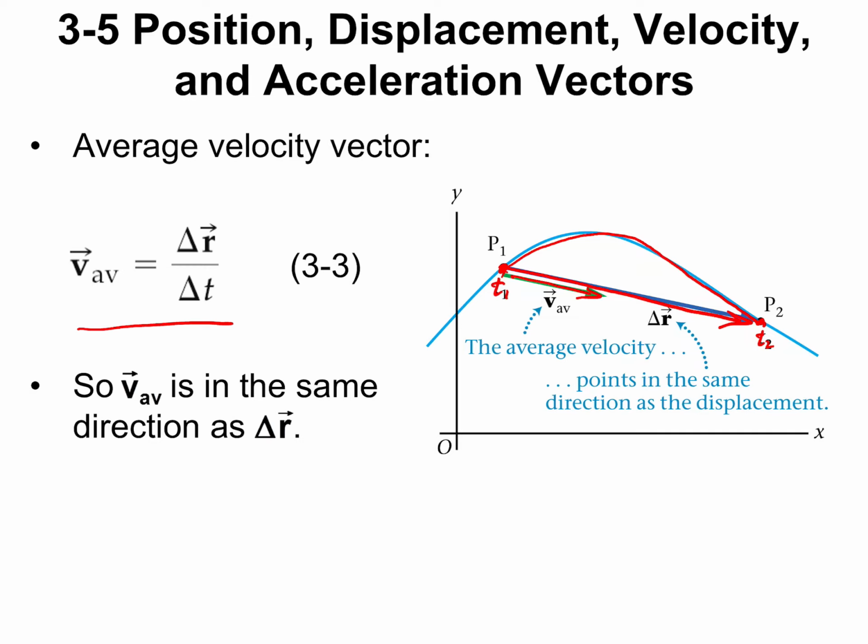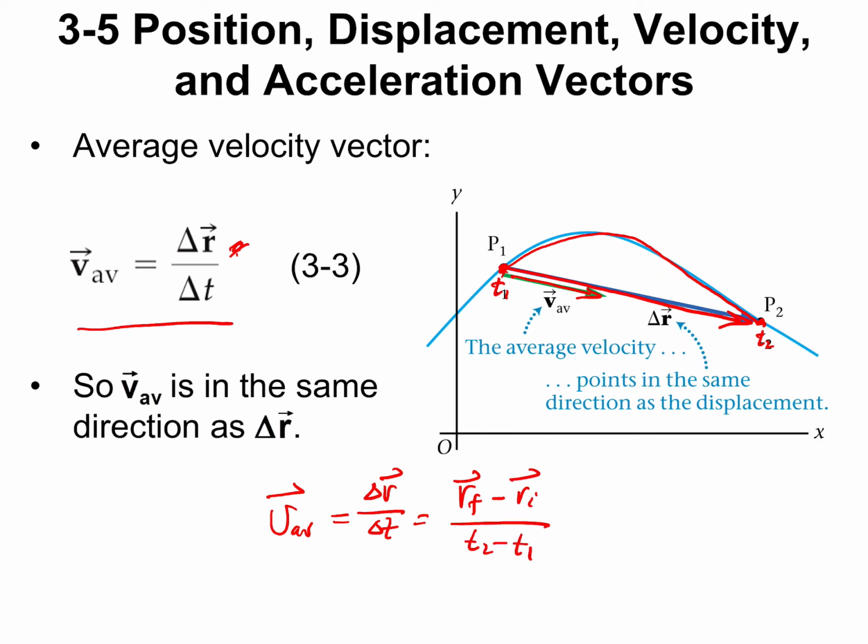Magnitude is definitely different. Delta t here is, let me write here, V average equals delta R, displacement over time. So this is Rf minus Ri divided by T2 minus T1.